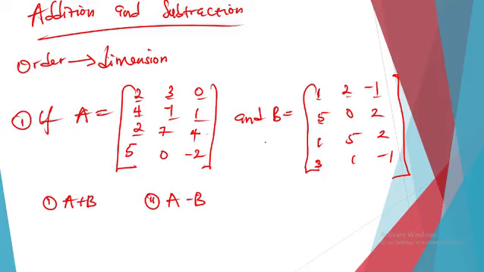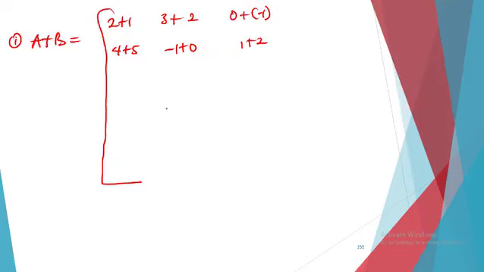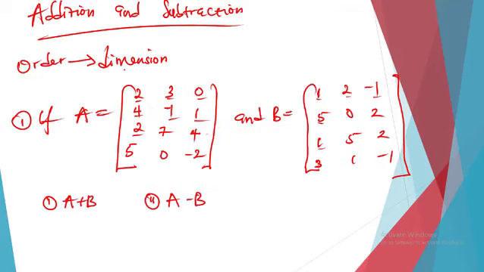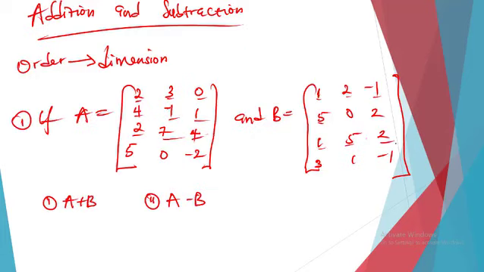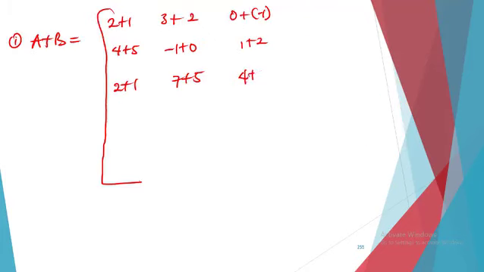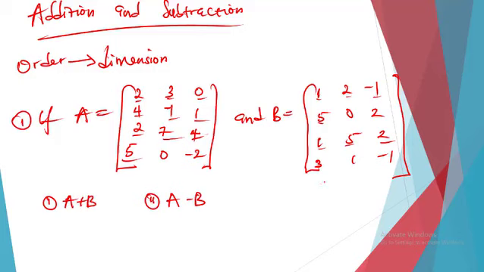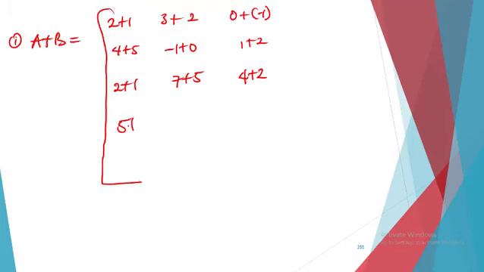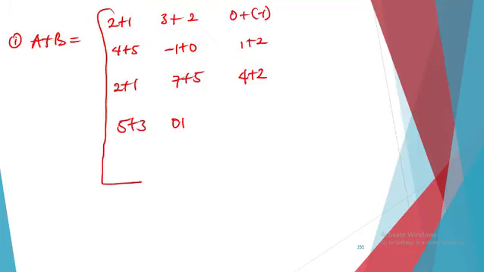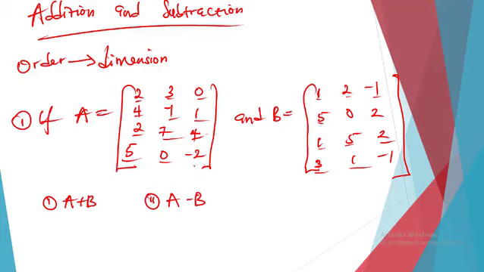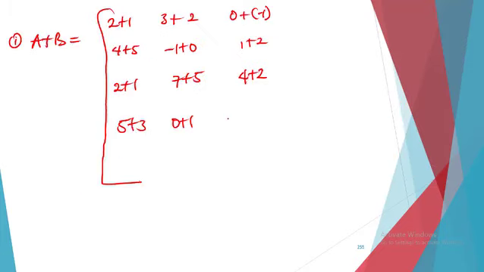The next is 2 plus 1. We have 7 plus 5, 4 plus 2, 5 plus 3, 0 plus 1, and then minus 2 plus minus 1. We'll close the bracket.